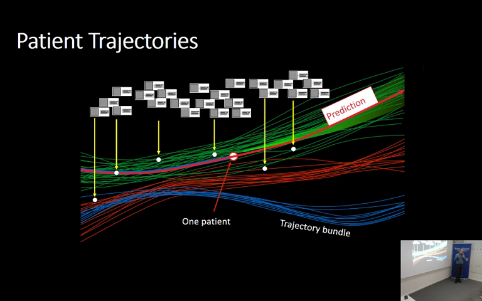So those are the patients that are very similar to each other. And if we can then find these similar patients, we can know which treatments they've had. And if we find a patient that belongs to a bundle, we can make a prediction about that and potentially use that to decide on which treatment to give. So this is where we're going with medicine. So how medicine's becoming data-driven and patient similarity-driven.